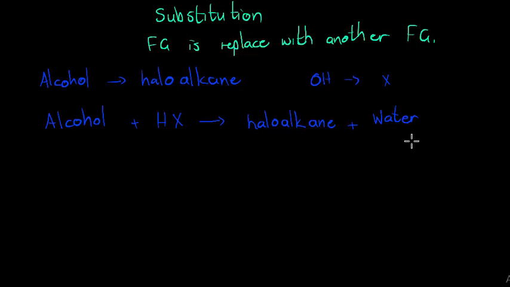And why does it produce water? Well, remember, water is H2O, which means that we can see where the OH comes from. Okay, so this is some substituent bonded to OH plus HX, and that produces a substituent bonded to a halide. So what happened to the OH and the H? Well, they produced H2O. Okay, so this was the reaction.